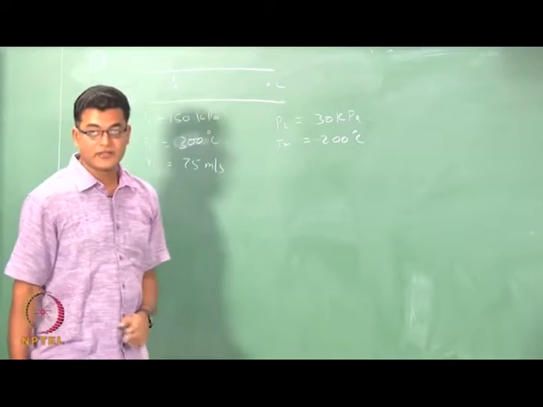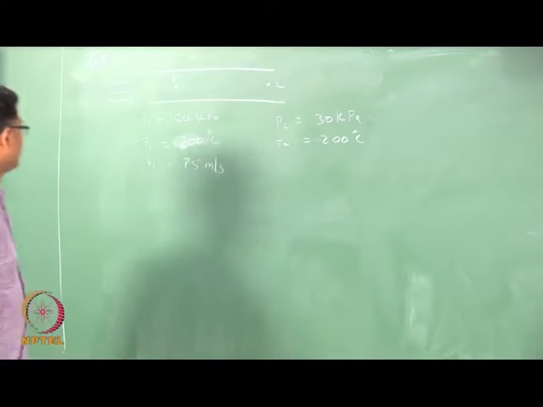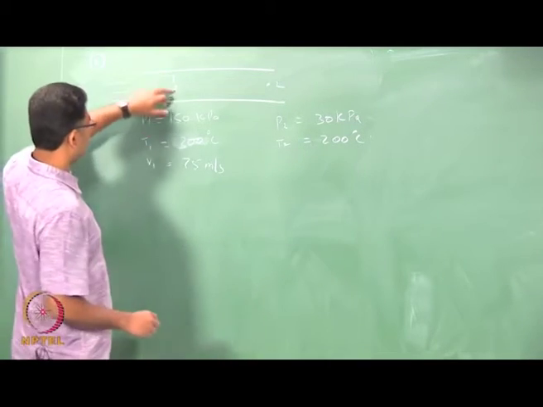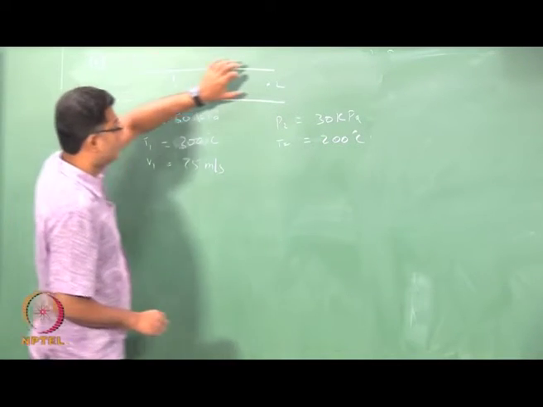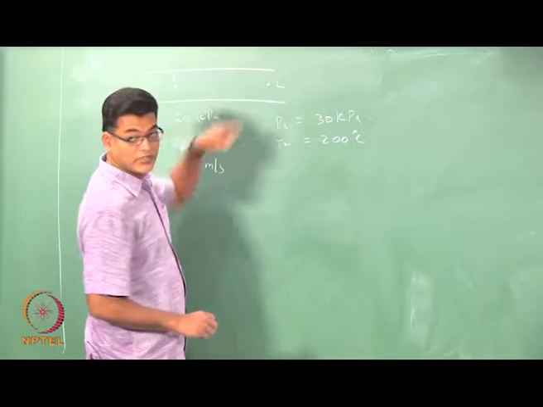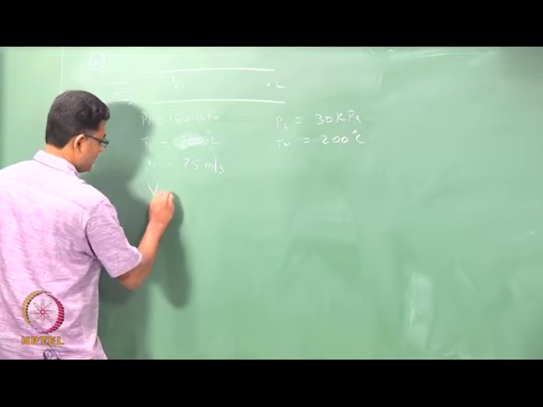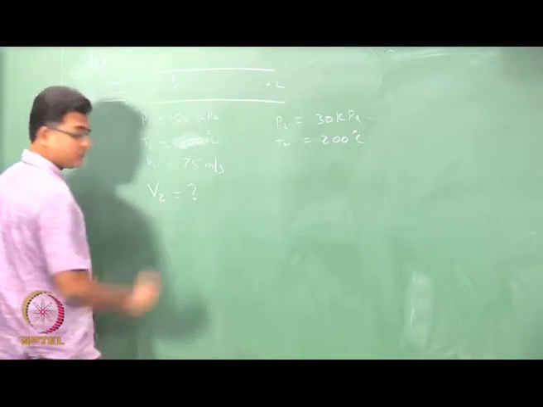I have to evaluate my velocity change. So, I have pressure P1, T1 and V1 at location 1 and pressure and temperature at location 2, what is your V2?